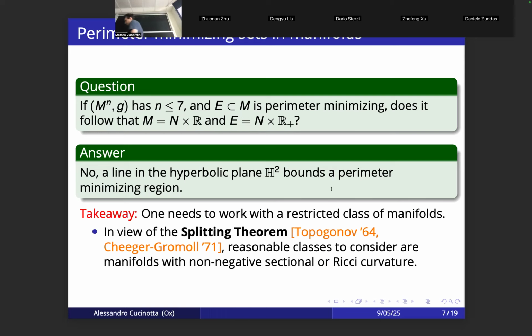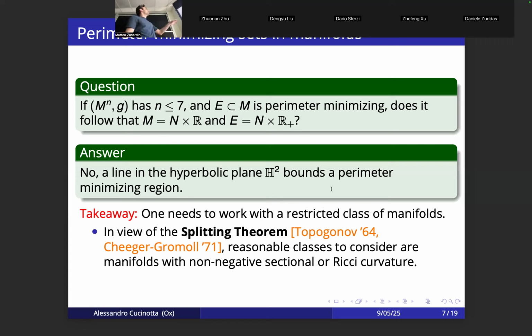There is a famous result in geometry, proved by Toponogov for manifolds with non-negative sectional curvature and by Cheeger-Gromoll for manifolds with non-negative Ricci curvature, which says that if we have such a manifold, and if this manifold contains a line, then the manifold is actually a product. A very strong rigidity result. And the key assumption here is that we require either non-negative sectional or non-negative Ricci curvature. So this key result, together with this very simple example, tells us that the right class to study our problem is the one of positive curvature in some sense.